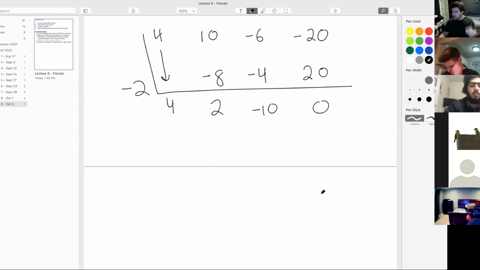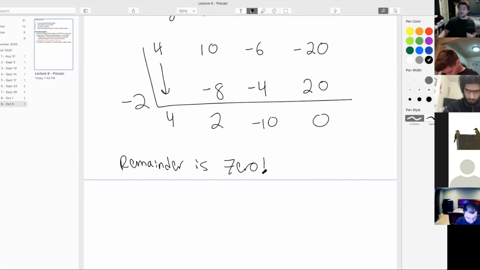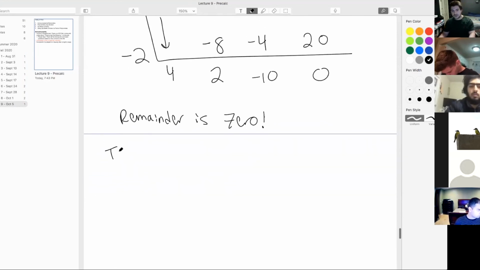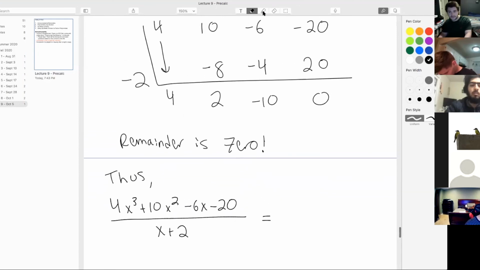Excellent. So look at what happened here. The remainder is 0. So that's very cool, and that's a good situation that we want to be in. So thus, we have figured out that 4x cubed plus 10x squared minus 6x minus 20 divided by x plus 2 is equal to our quotient.